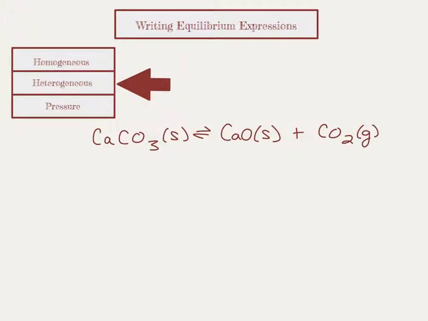According to the rules for equilibrium, and honestly for chemical reaction speeds in general, if you have the choice between including a gaseous molecule or a solid, you're only going to include gases because they have the freedom and the mobility to have enough kinetic energy to effectively cause collisions in reactions.